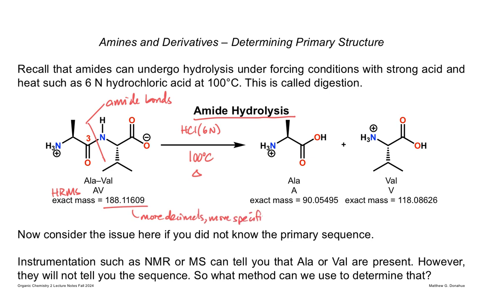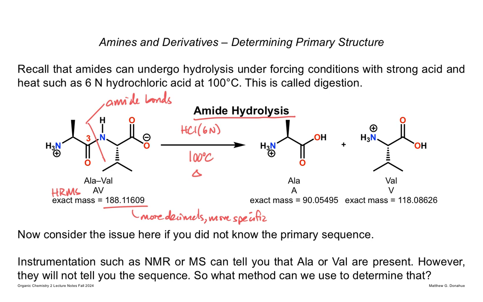The more decimal places you're able to measure with these instruments, the more specific you can get back to the molecular formula. If the number was just 188, then you could have a lot of variability in that. But as you go out in the decimal places, it's really limiting the possible molecular formulas.